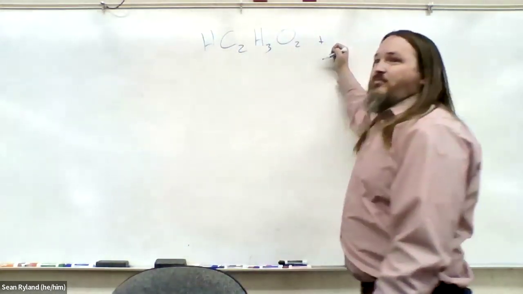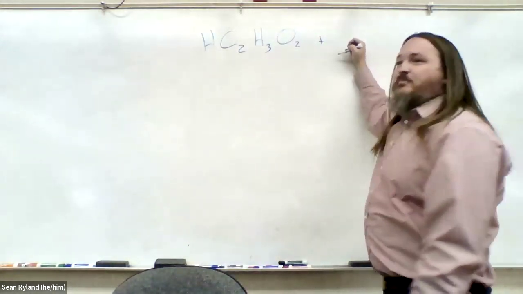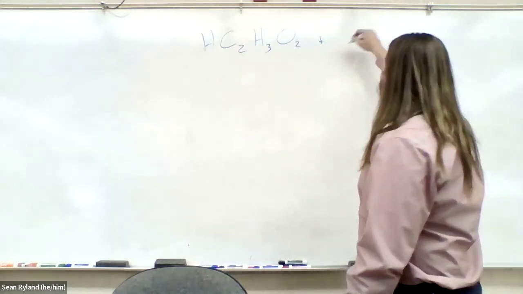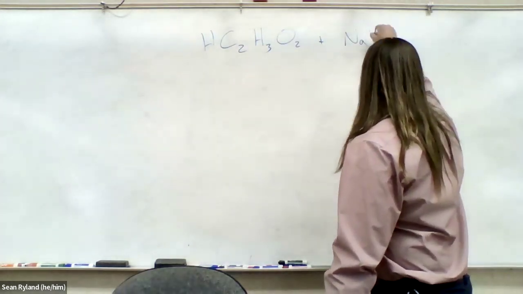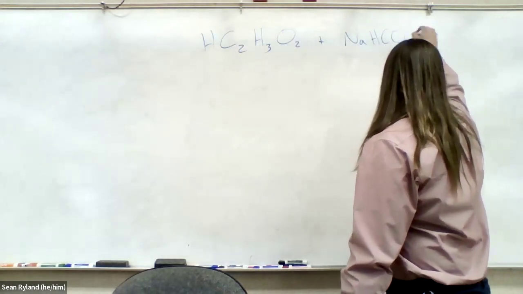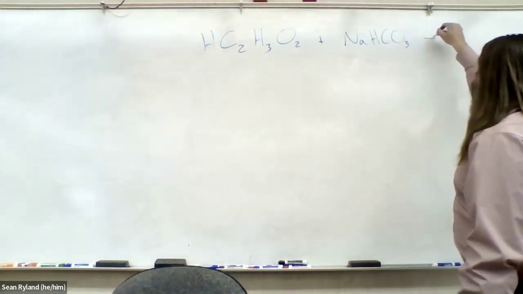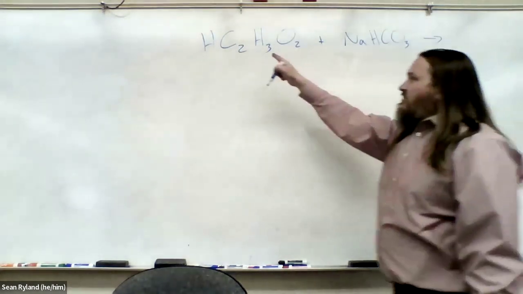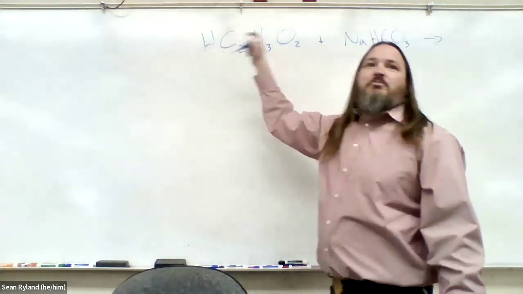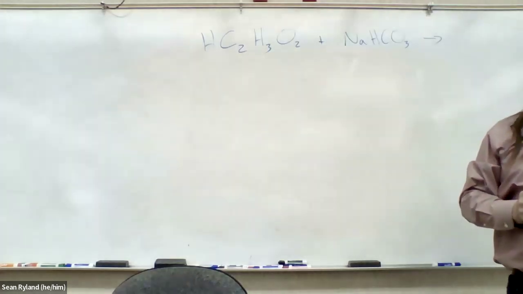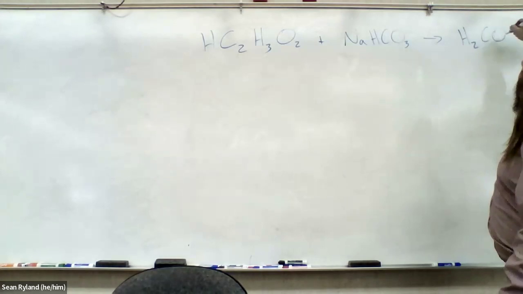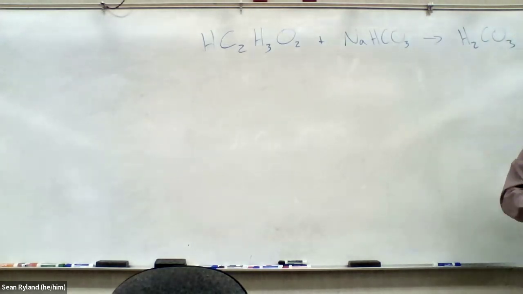If we put that with baking soda, what's baking soda? Sodium bicarbonate or sodium hydrogen carbonate. If you let those react, the acid gives an H+ to the hydrogen carbonate and makes carbonic acid.